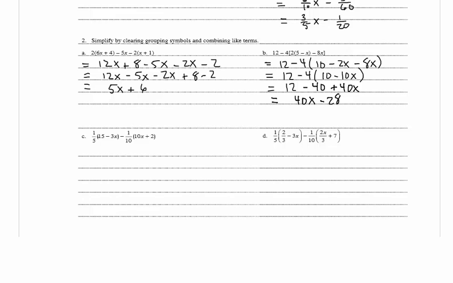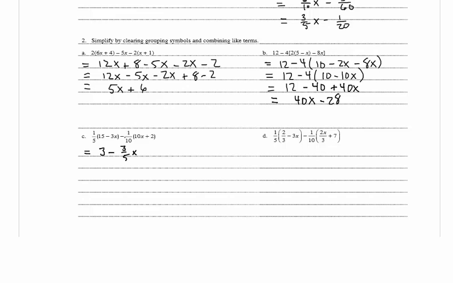In C, we have 1/5 times (15 - 3x) - 1/10 times (10x + 2). So we're going to distribute the 1/5 and the negative 1/10 first. So we have 1/5 times 15 is equal to 15 over 5, or 3. And then minus 3 times 1/5 is 3/5 x.